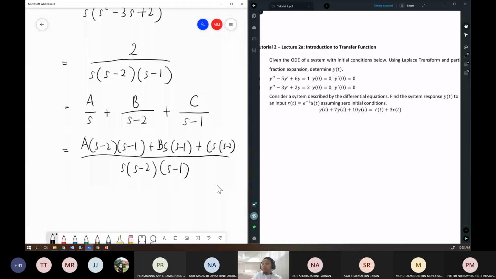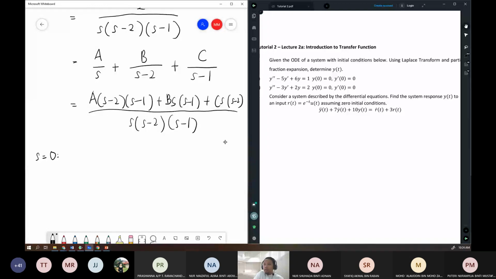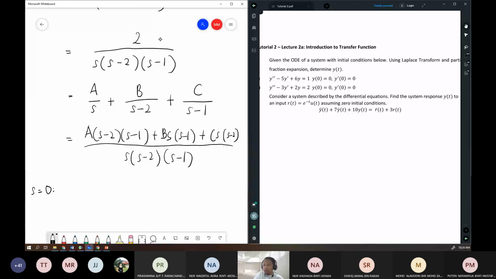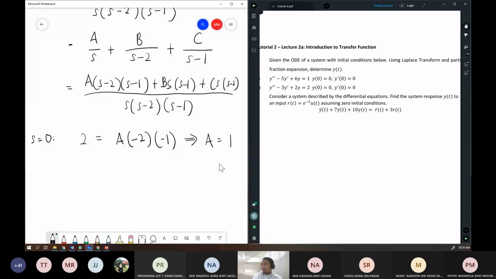So firstly, we take s equals 0. So we get 2 equals A times minus 2 times minus 1. So A equals 1. And then take the second value of s, let's say s equals 2.